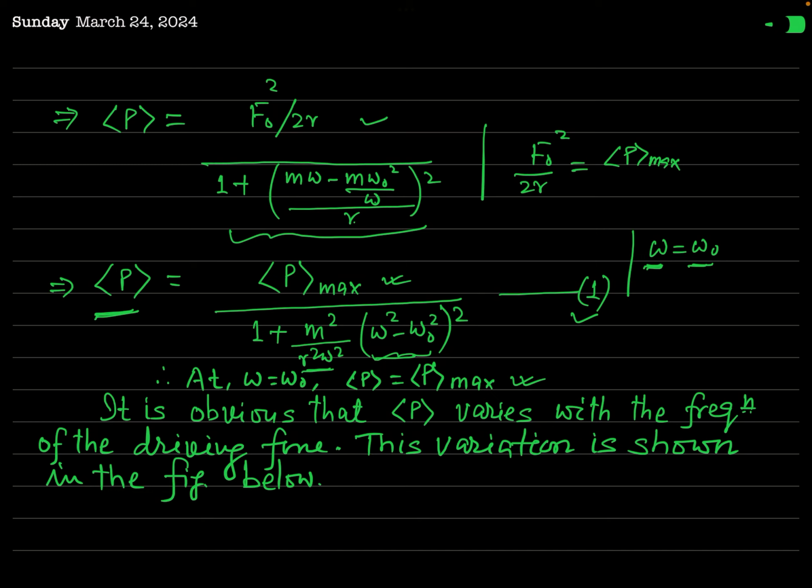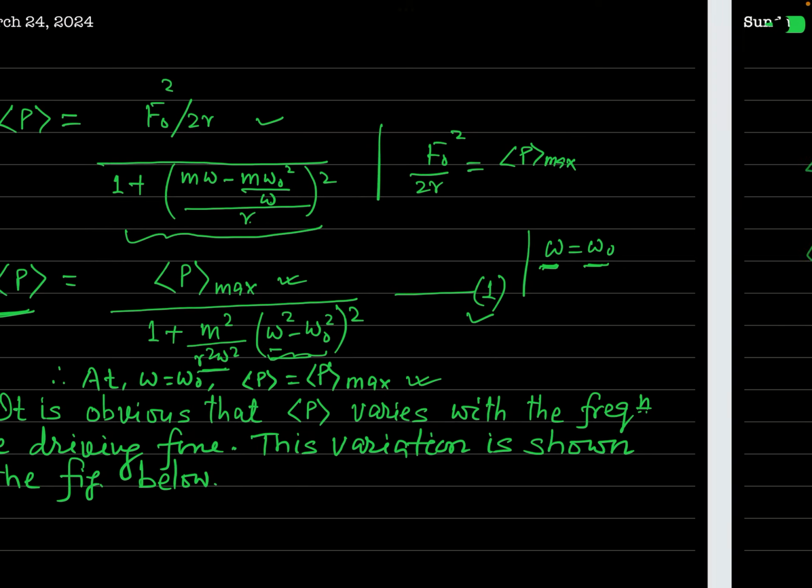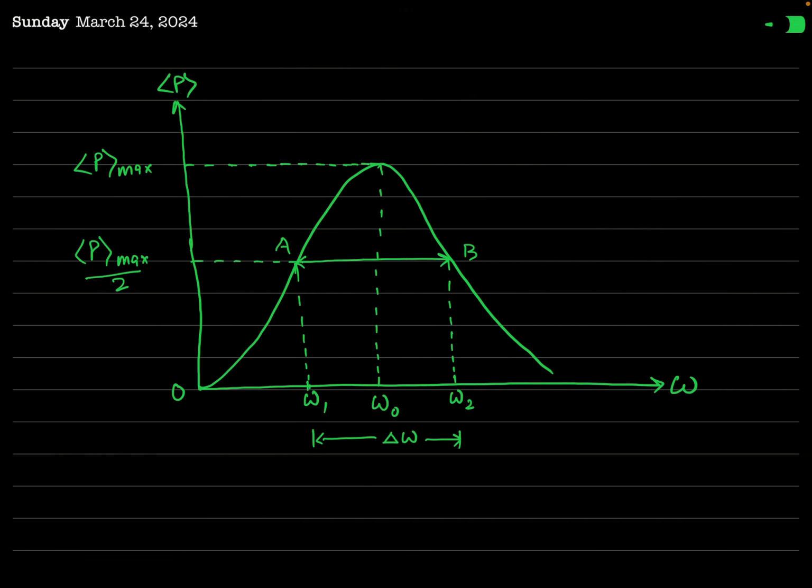How this power varies from its maximum value when omega is varied is shown here. In this figure I have plotted a graph between the average power P extracted by the oscillator from the driving force against omega for a given value of R, where omega is the frequency of the driving force.